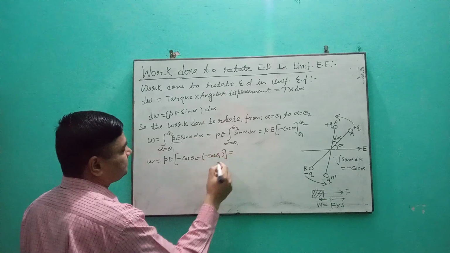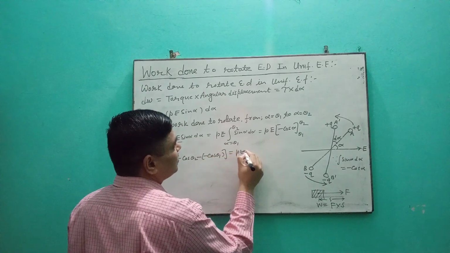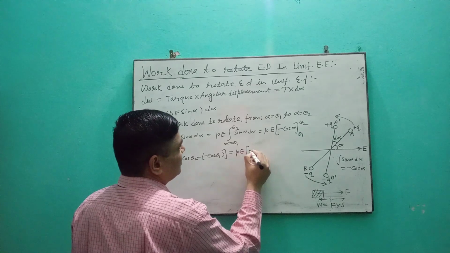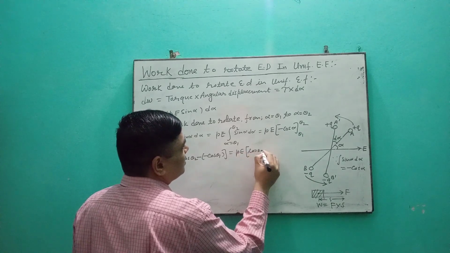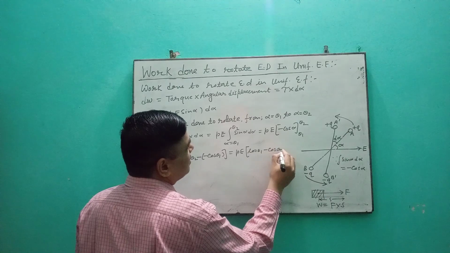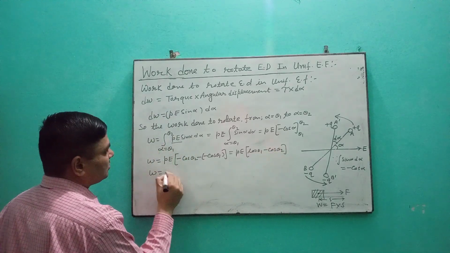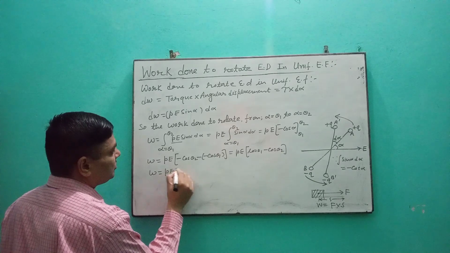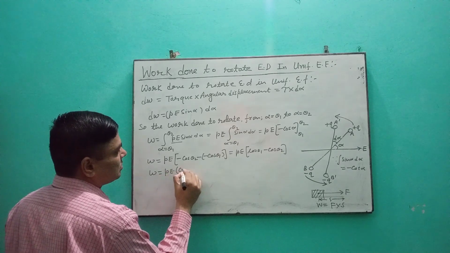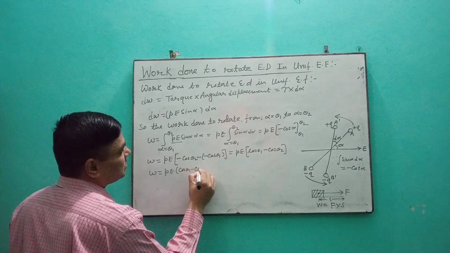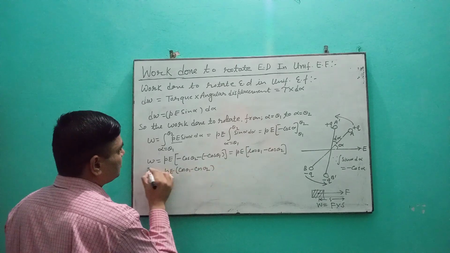It will become P into E into cos theta 1 minus cos theta 2. So the work done will be W is equal to P into E into cos theta 1 minus cos theta 2.